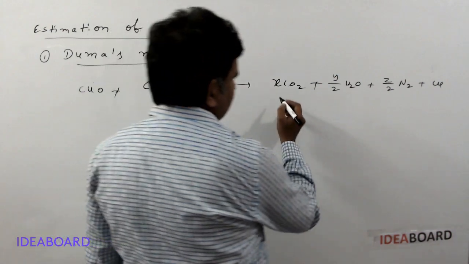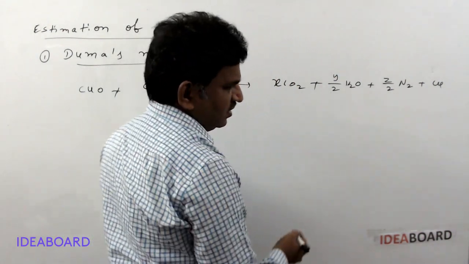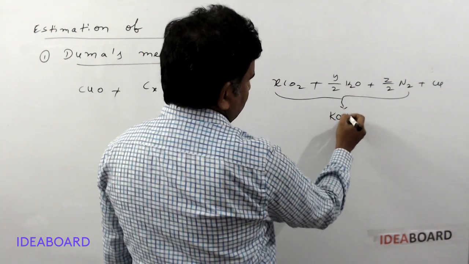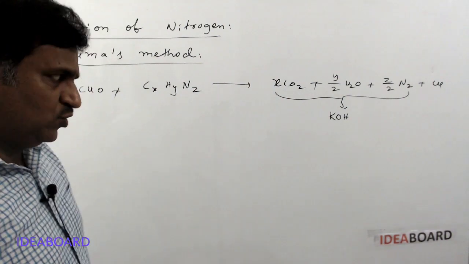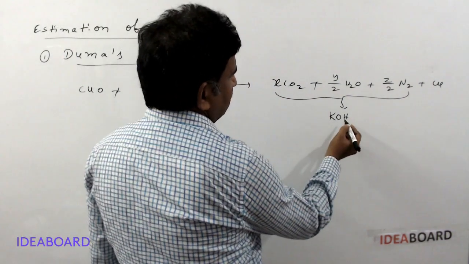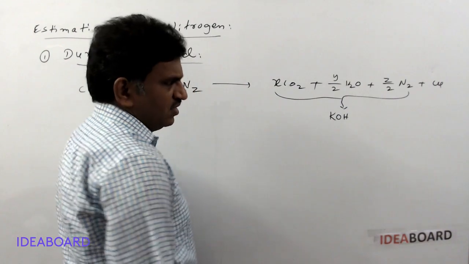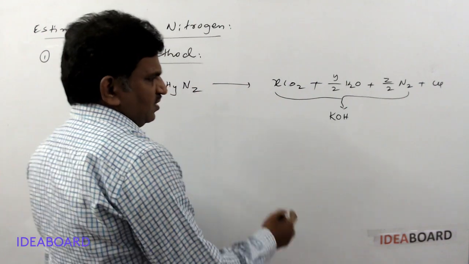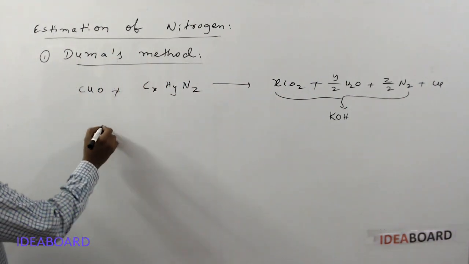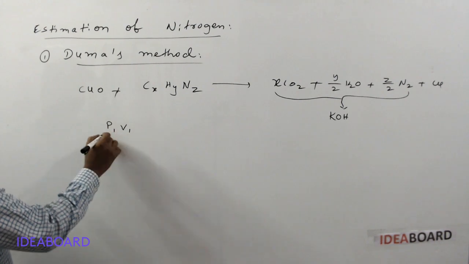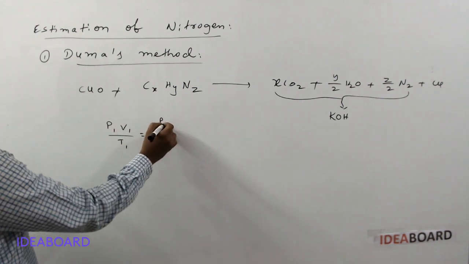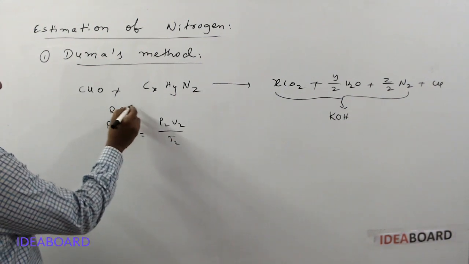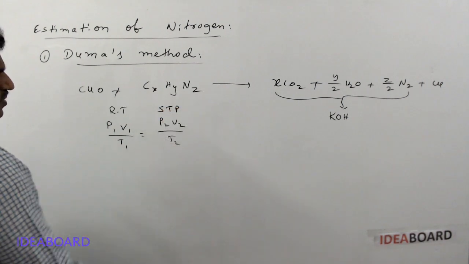The mixture containing carbon dioxide, water and nitrogen is passed through a KOH nitrometer tube, and KOH mainly absorbs the carbon dioxide, so we get the pure nitrogen gas, and that nitrogen gas is collected. The volume of nitrogen gas is measured by using P1 V1 by T1 equals P2 V2 by T2. Here these are the room temperature conditions and these are STP conditions.